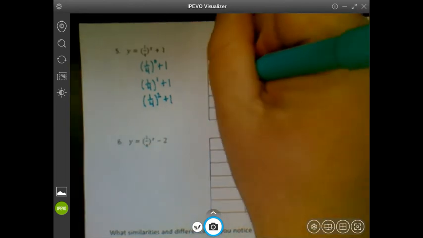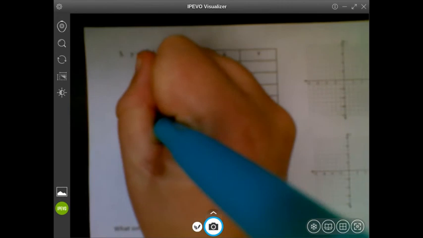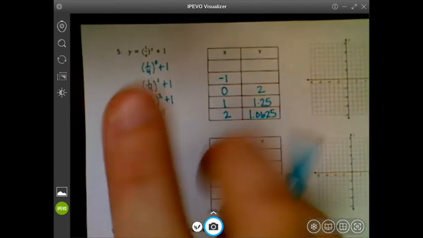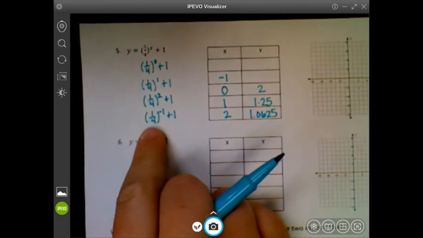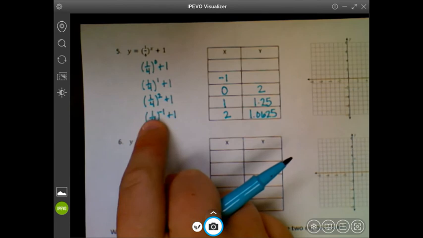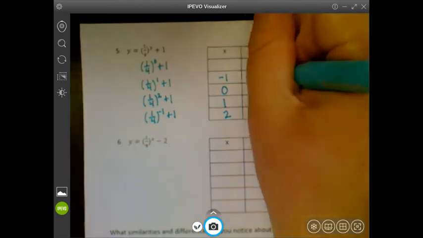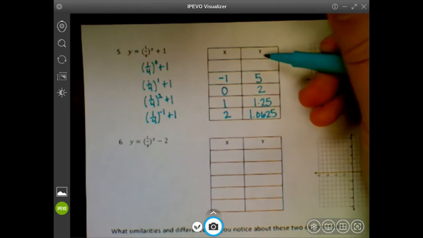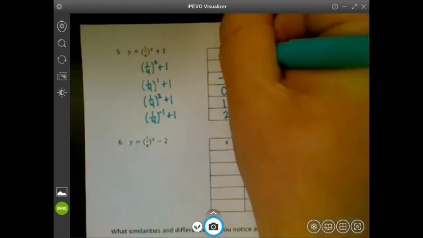So if you put in -1, this is where things get a little weird, right, because of the negative power. If you put in -1, you're going to have this 1/4 to the negative first. That's going to be equal to just 4. So this will be 4 plus 1, which is 5. And if you look at our pattern, that does make sense that it would get bigger. So I would expect this next number to be bigger than 5.